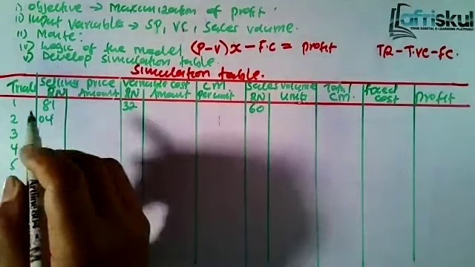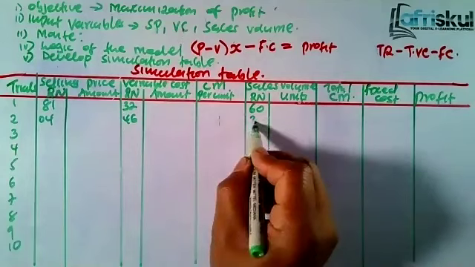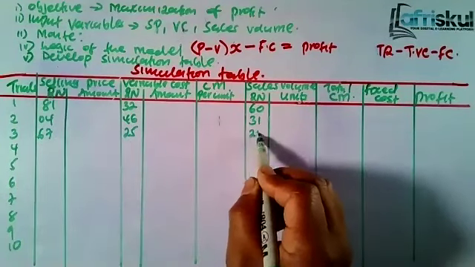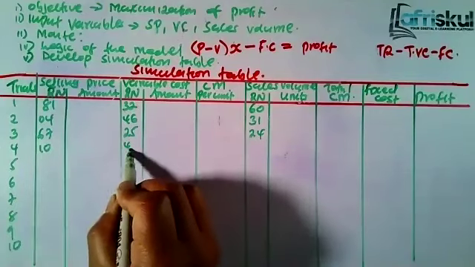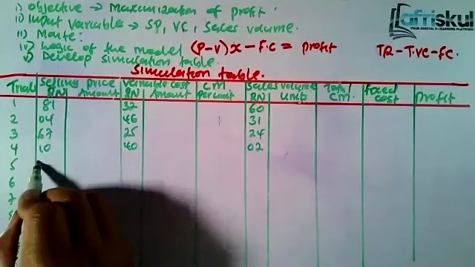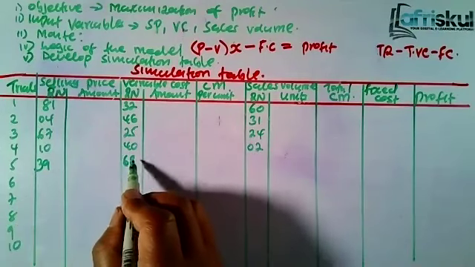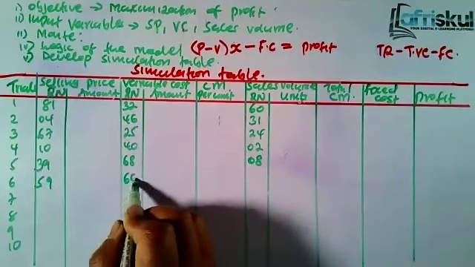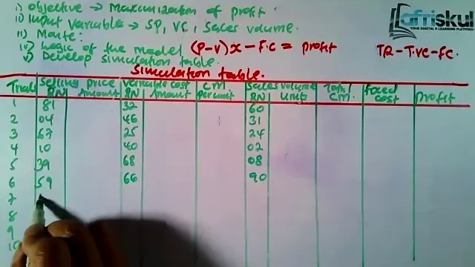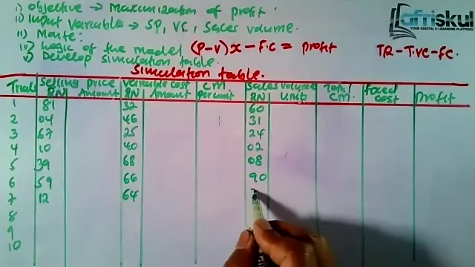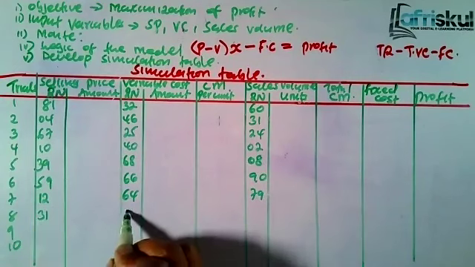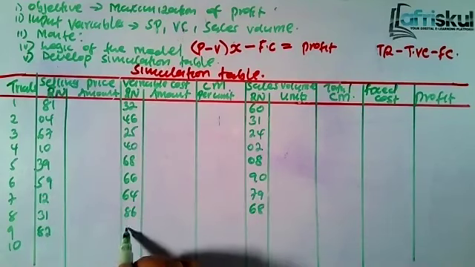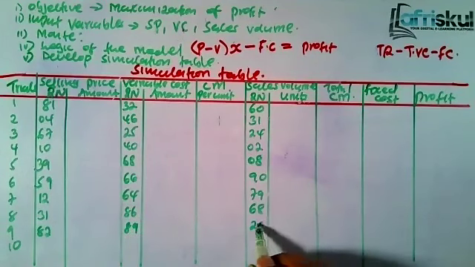The other one was 04, 46, 31, 67, 25, 24, 10, 40, 02, 39, 68, 08, 59, 66, 90, 12, 64, 79, 31, 86, 68, 82, 89, 25.